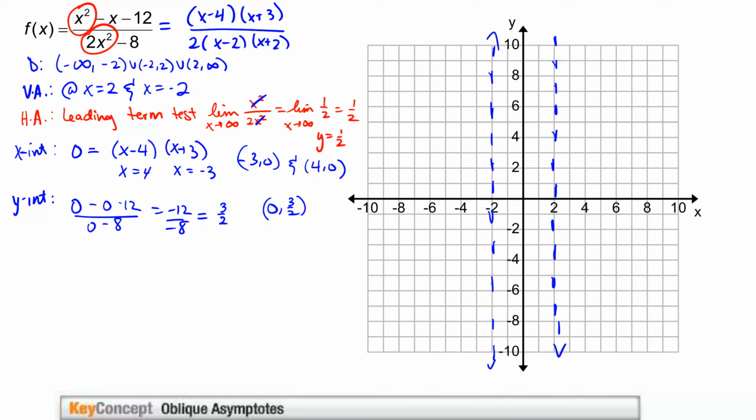So it's a little difficult. Yeah. So you can plot your x-intercepts, the y-intercept, right?